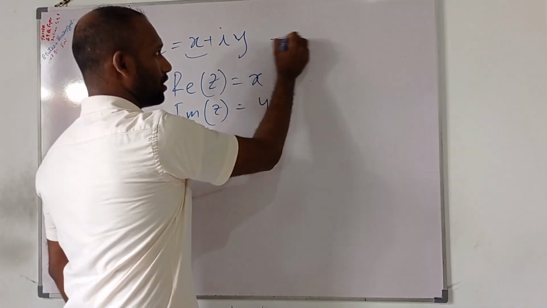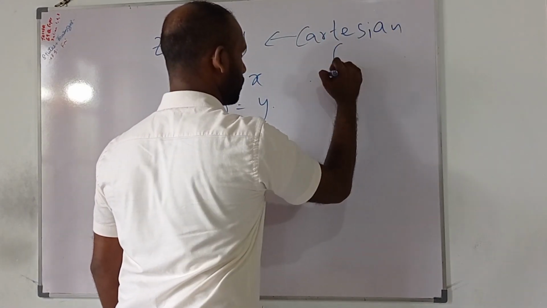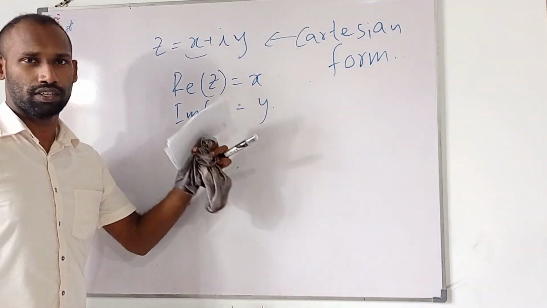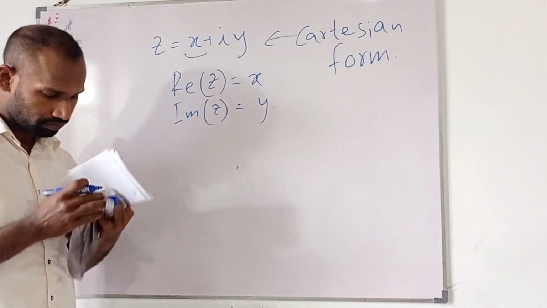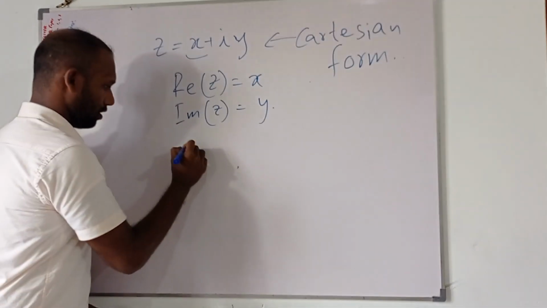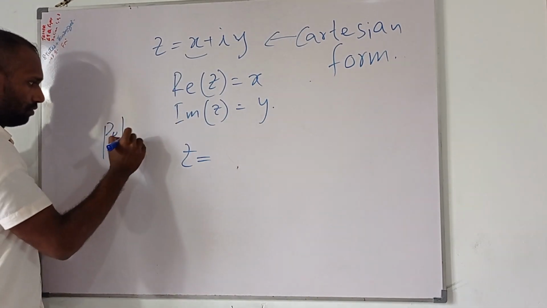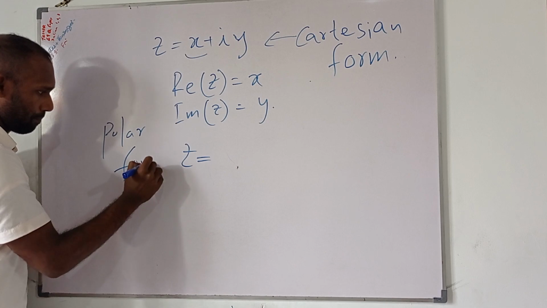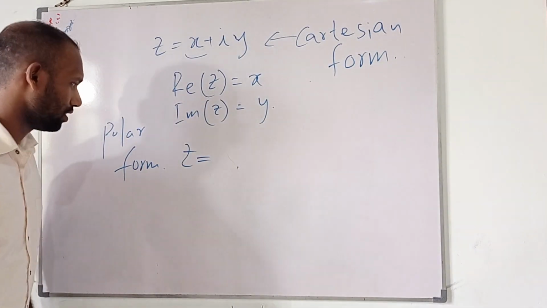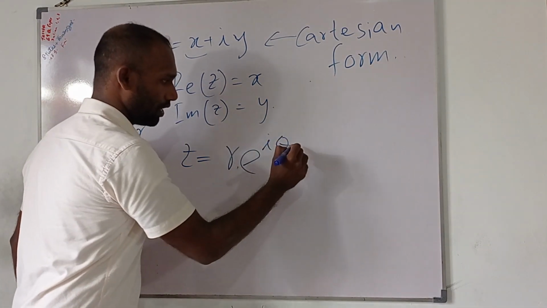This is the Cartesian form of a complex number. Then the polar form can be identified as Z equals R e to the power i theta.